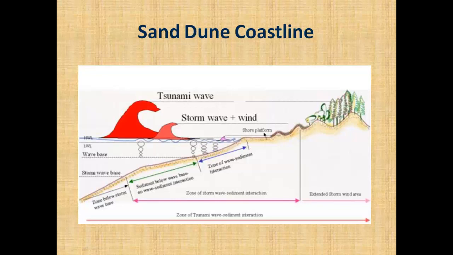But really, these sand dune coastlines depend on the wave energy and wind direction, because this is unconsolidated material, and wind and waves have a great effect on moving this material around.